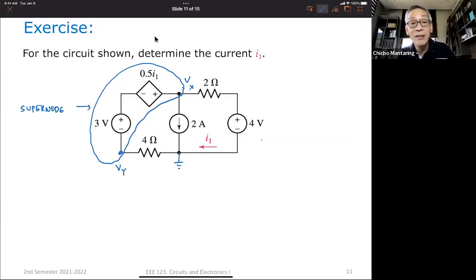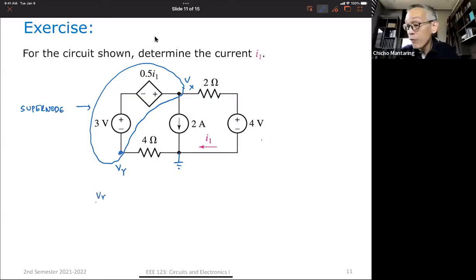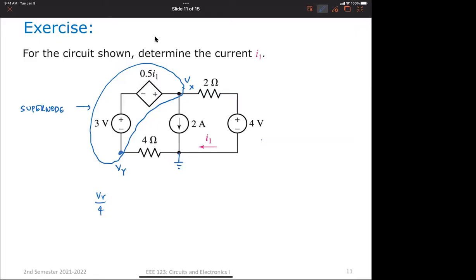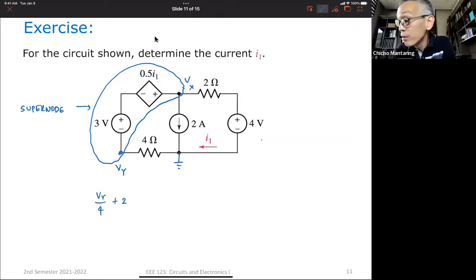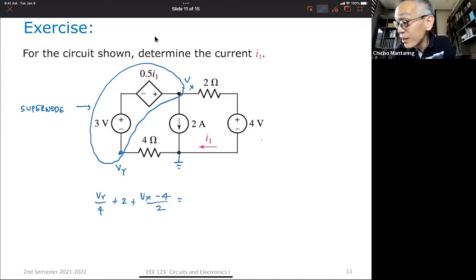Vy over 4 plus 2 plus Vx minus 4 over 2, equal to 0. Right? There are only three currents associated with the supernode. This, and this. Okay, then what is my other equation?